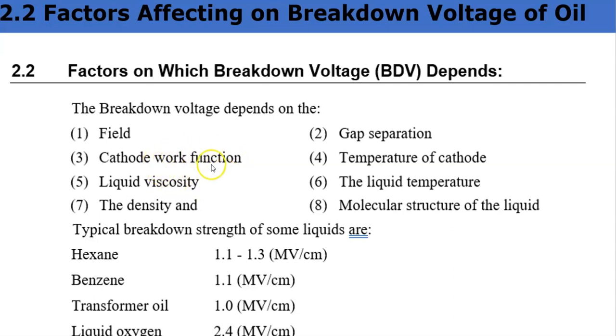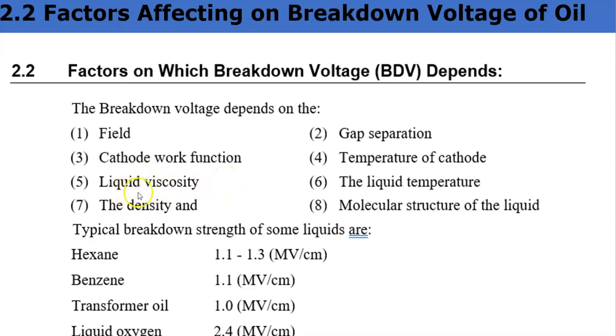Okay, so that is called the cathode work function. If the cathode is made up of copper, it will have less work function. If it is made up of steel, it will have higher, because the conductivity of every material is different. So the energy required to inject electrons from the cathode will be different, and that is called the cathode work function.